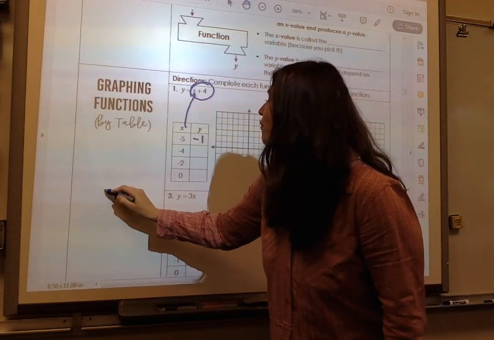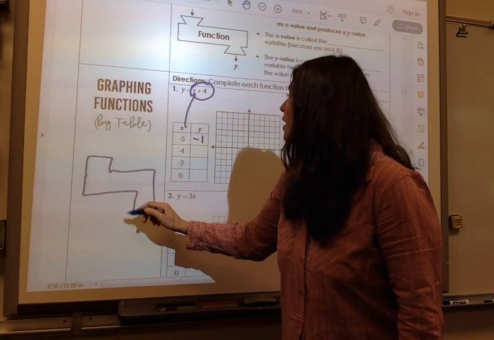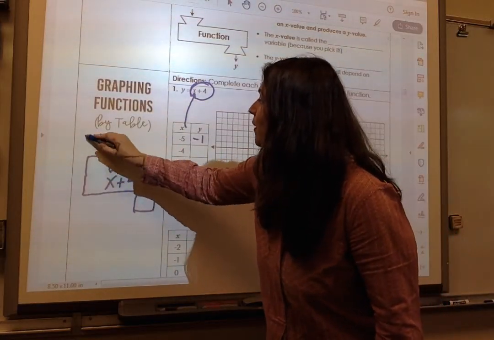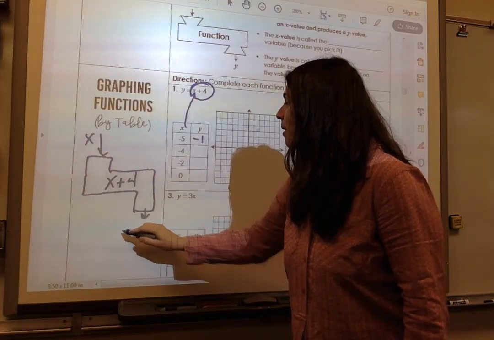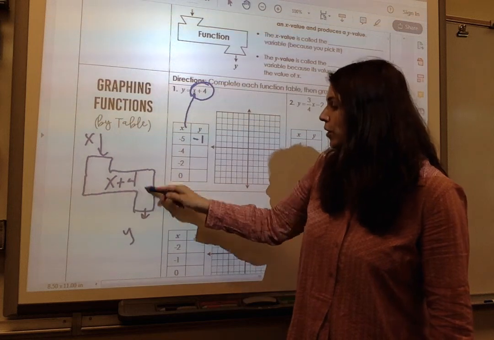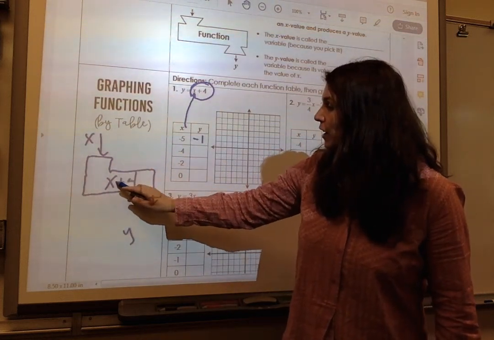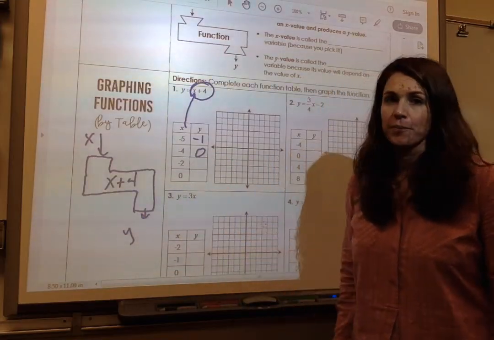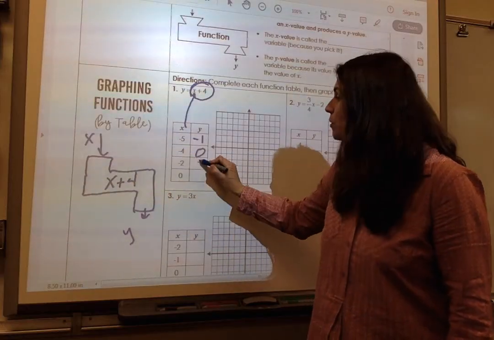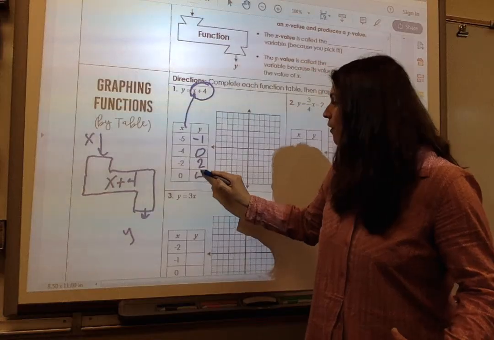So if I drew my function machine over here, and inside it's x plus 4, my x value goes in, and then it spits out my y value. So if I plug in a -5 here, -5 plus 4 spits out a -1. If I plug in a -4 here, -4 plus 4 spits out a 0. If I plug in -2 into my machine, -2 plus 4 is a +2. And if I plug in a 0, it's going to spit out a 4.